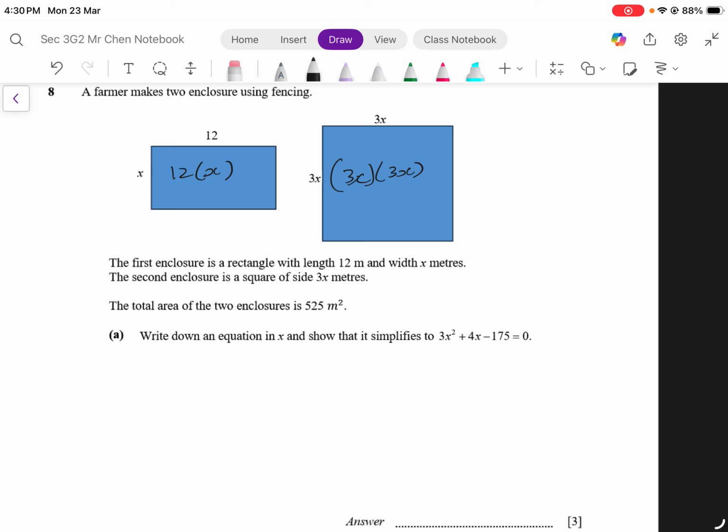So both of them combined is 525, right? So you should get 12x plus (3x) squared equals 525, and 9x squared plus 12x.